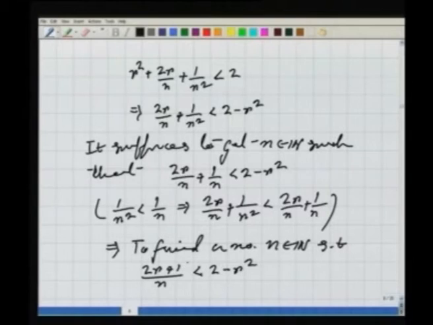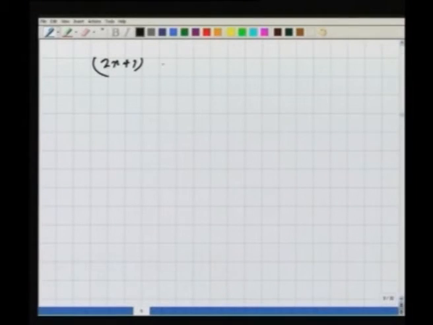That is good enough. Well, then I say the proof is intuitively clear, because twice R plus 1 is rational. Similarly, 2 minus R square is also rational.